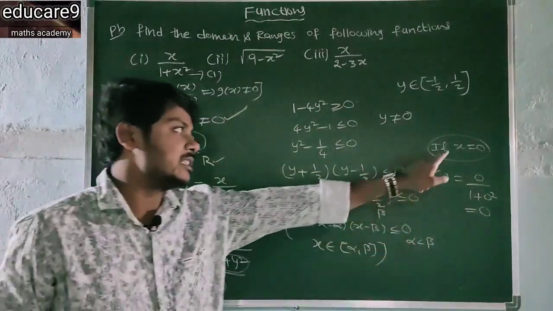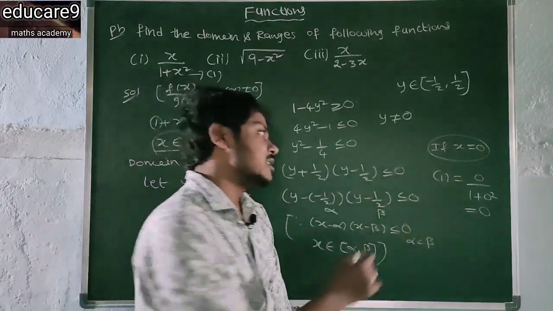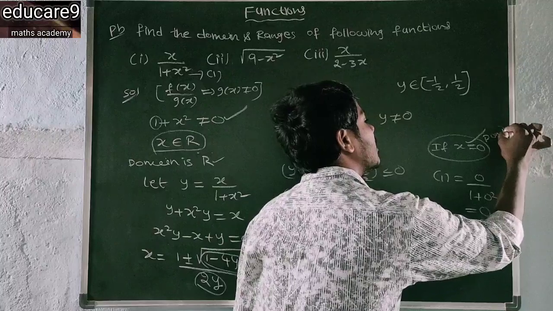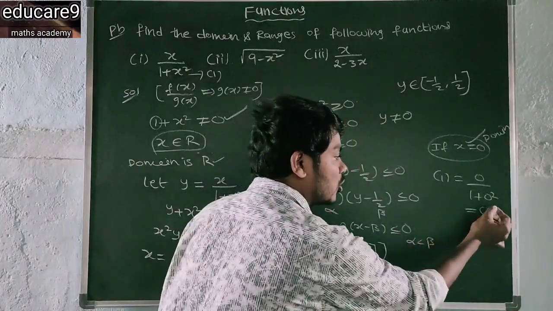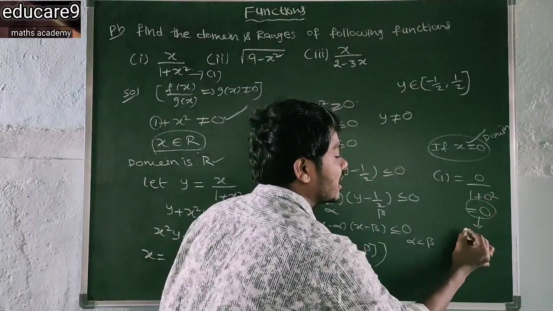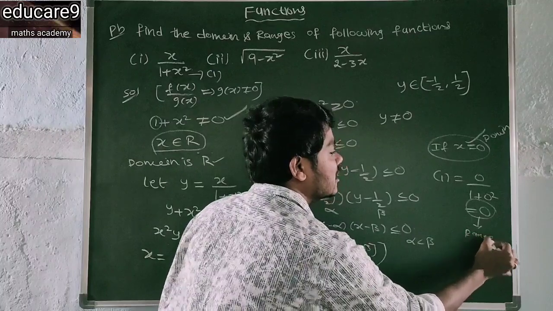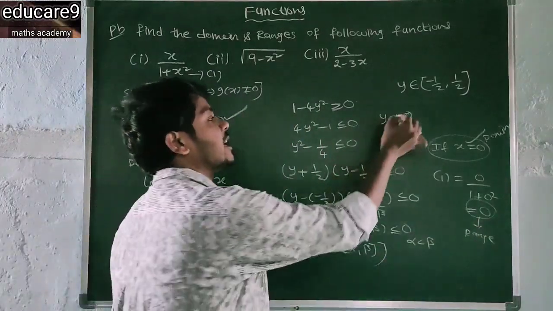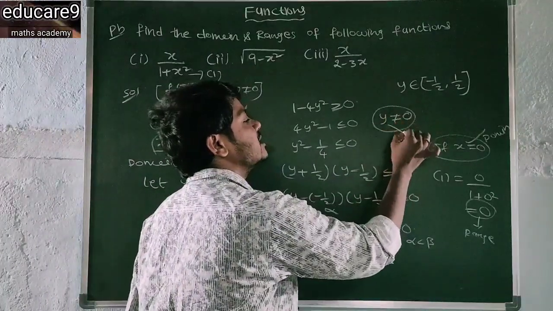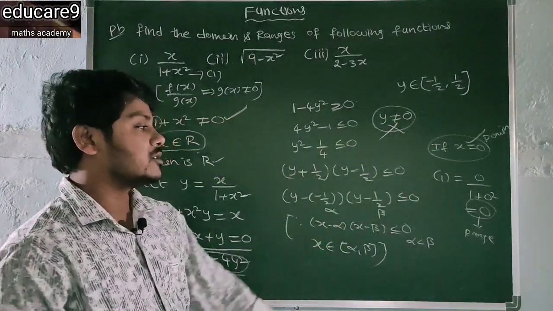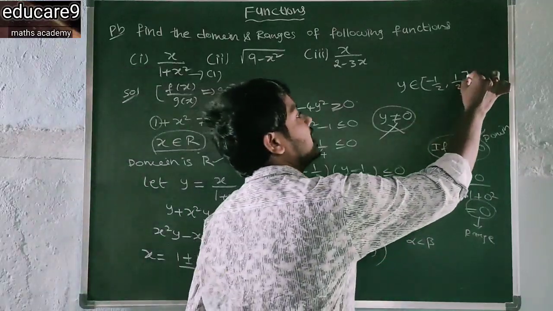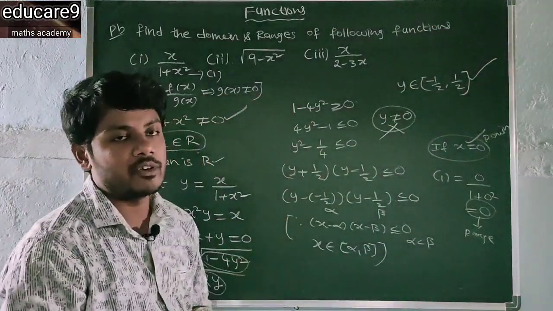So clearly this is the input value, called the domain, and this is the output value, called the range. So clearly 0 is also included. So y is not equal to 0 is wrong. Okay, so 0 also satisfies. So this is the range of the given function.